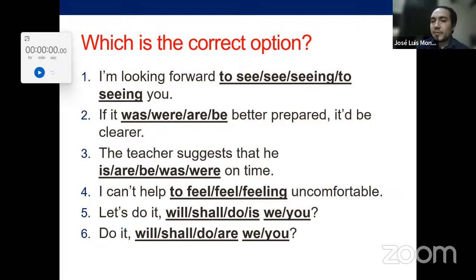So let's see if we remember. Perhaps here we don't know just one, I would say just one or two, but I will go with one. The rest of them, I believe that you got it, or at least we're going to see if we remember. So in number 1, what is the correct option? I'm looking forward to see, seen, to seen, seeing you?